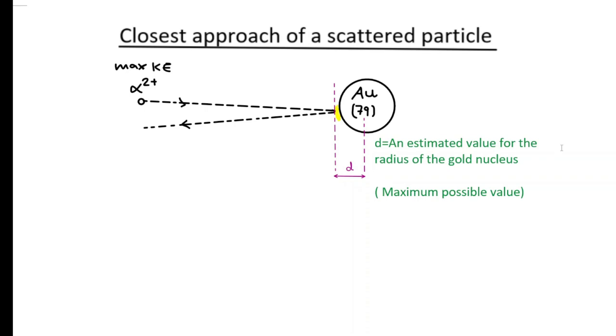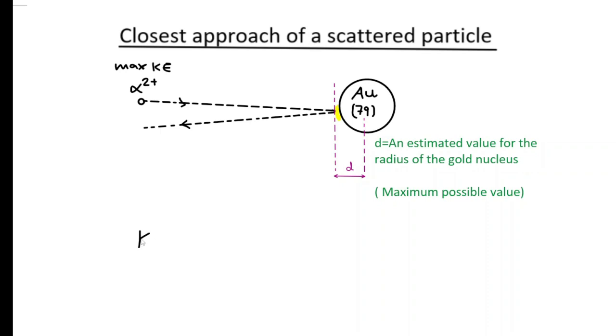So d is an estimated value for the radius of the gold nucleus, or to be more precise, the maximum possible value of the radius of the gold nucleus. As the alpha particle approaches, it loses kinetic energy doing work against the electric field.